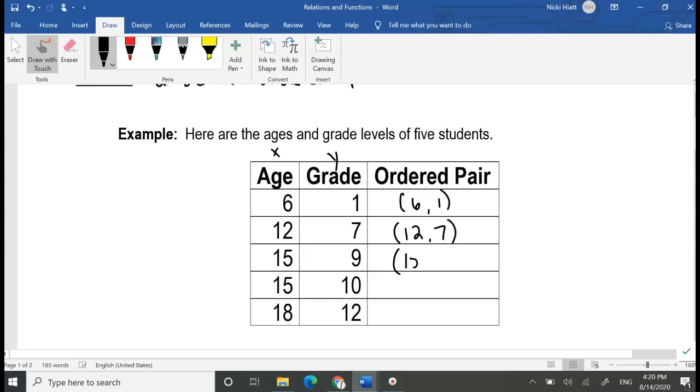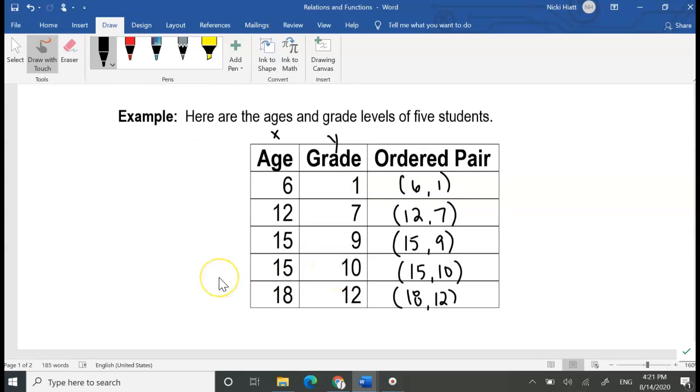Then 15, 9. And 15, 10. And 18, 12. So this would be an example of a relation. These 5 students would be the different ordered pairs in the relation.